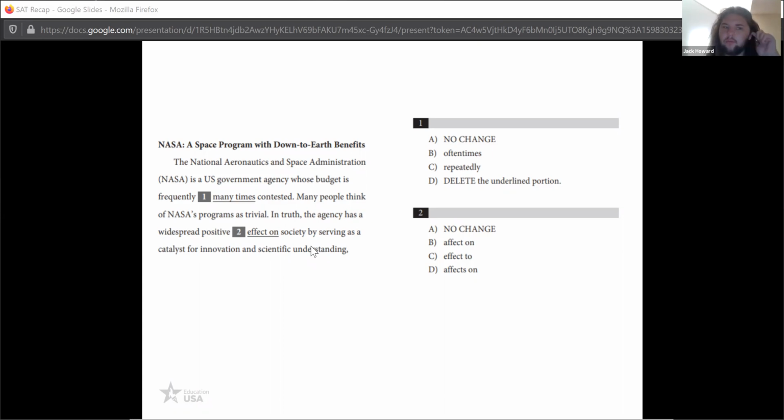I think you want to use affect to when it's more definable and specific. You might say, I've noticed adverse effects to my mental health during the pandemic.